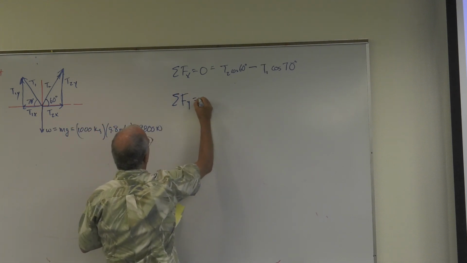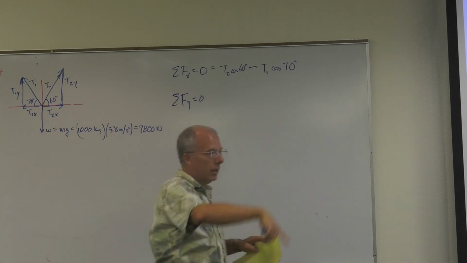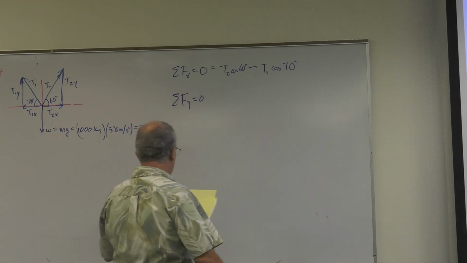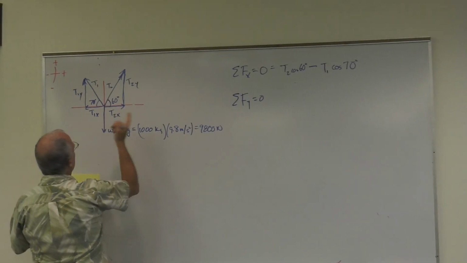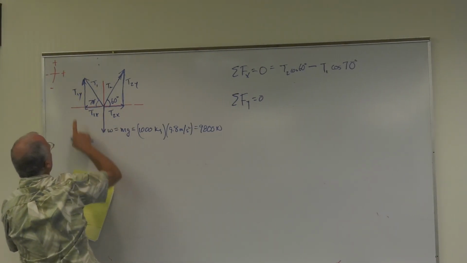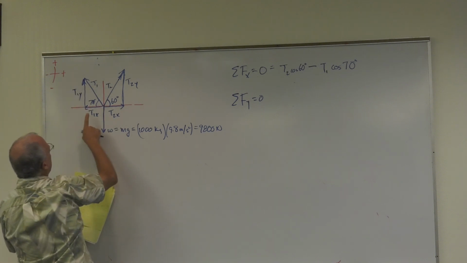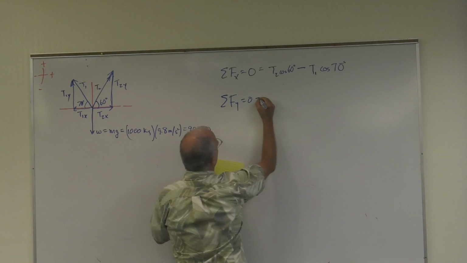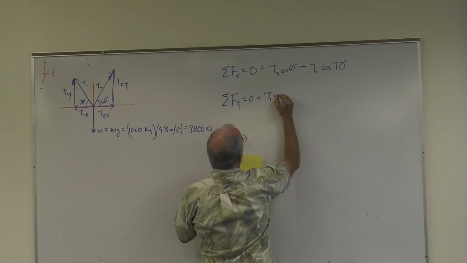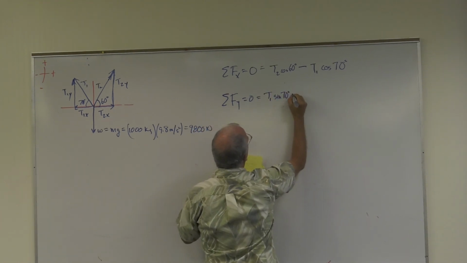Okay, so the sum of the y forces, again, it's 0 because it's not accelerating. So what are the y forces? Well, it doesn't matter the order. T1y, right? And T1y is T1 sine 70. So we have T1 sine 70.